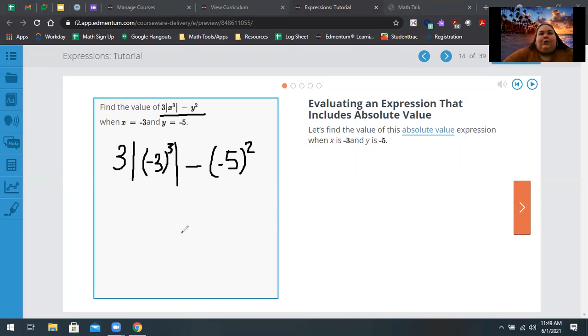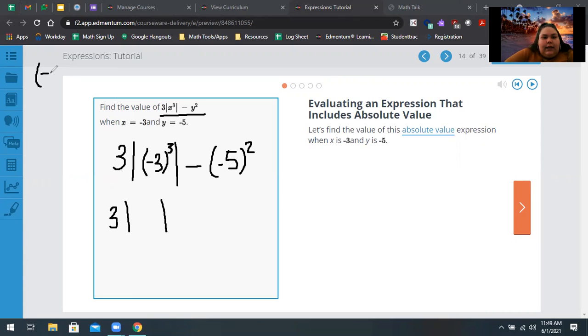Now I want to concentrate where I have those parentheses because I want to remove them by actually applying that power. So we take a look here. This is 3, that 3 on the outside. I'm going to still keep my absolute values on the inside here. But what is -3 to the third power? So we're a little rusty on exponents.